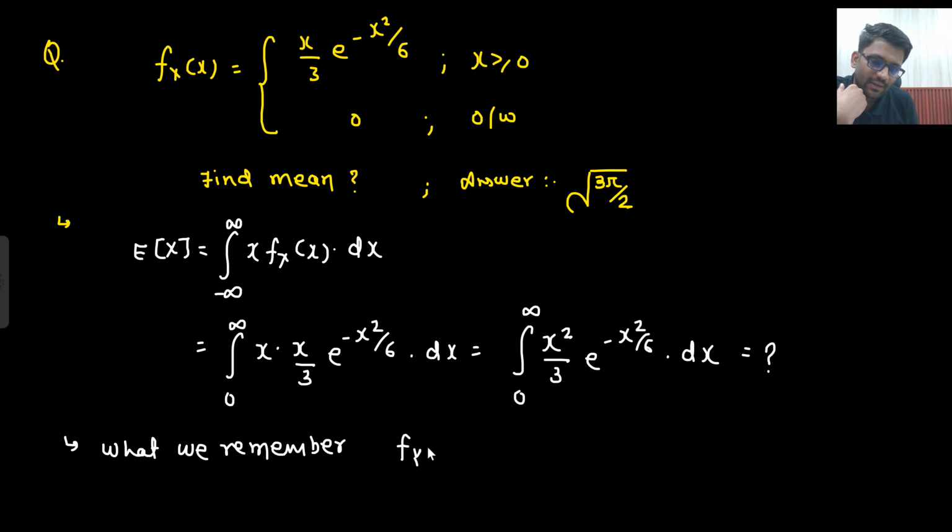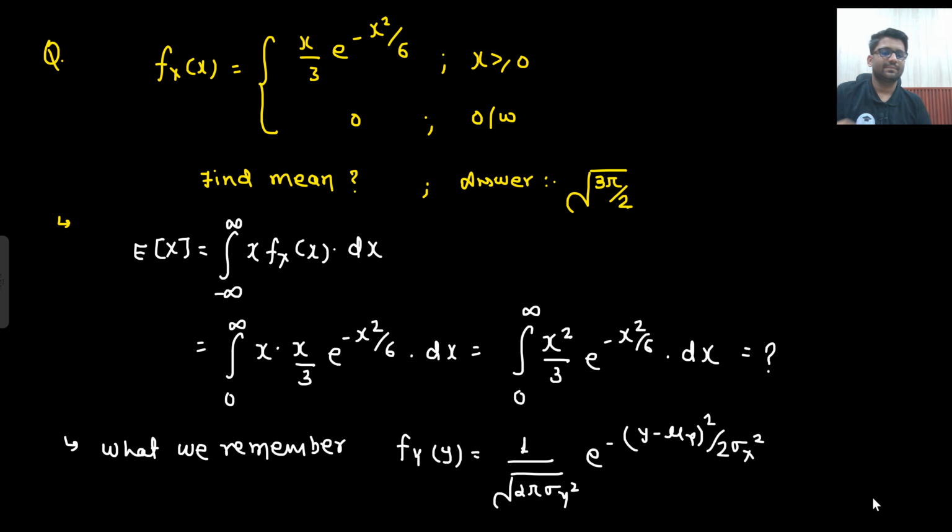We remember that since x is already given as fx of x, that's why I am saying fy of y. That would be equal to 1 upon under root 2 pi sigma y square e to the power minus y minus mu y whole square upon 2 sigma y square.